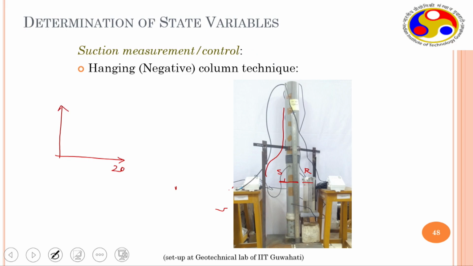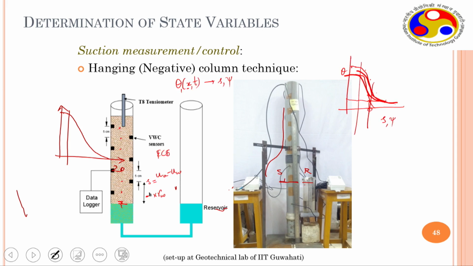If 20 is somewhere here, then it is not useful because you will have only these points. In sandy soils, as the air entry value is nearly around 2 kilopascal or so, this is a very useful method to evaluate the SWCC in the laboratory.